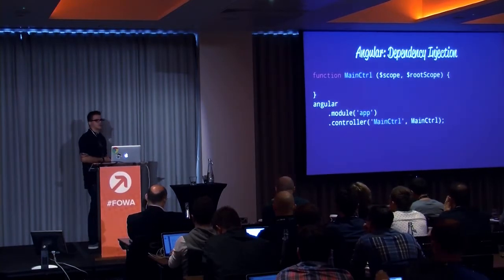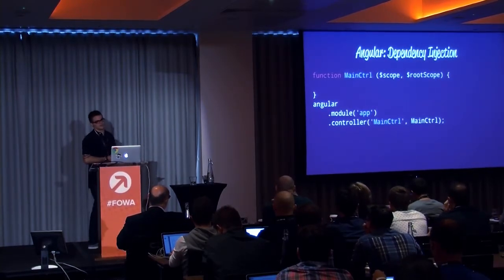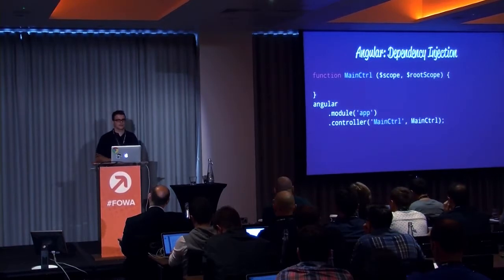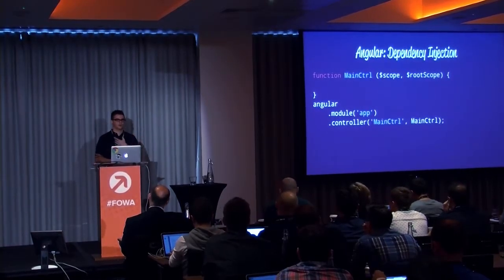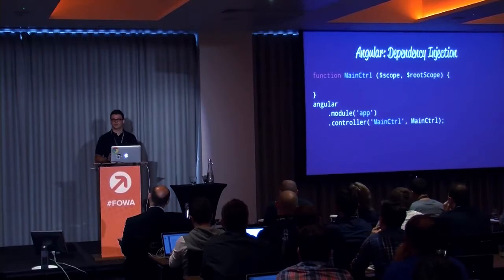Scope and root scope, we're not actually going to be calling this with any pointers. We're just going to be declaring. We're saying, I want scope and I want root scope. These aren't function arguments as such. When main control gets instantiated, Angular actually converts function main control to a string. It uses a couple of really clever regular expressions to look at what's in those function arguments.